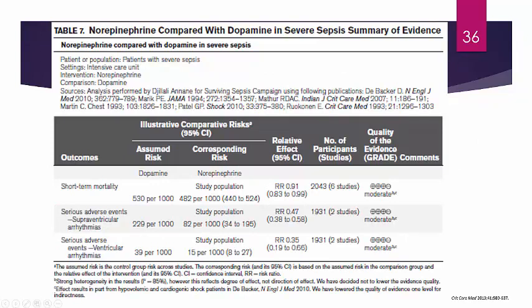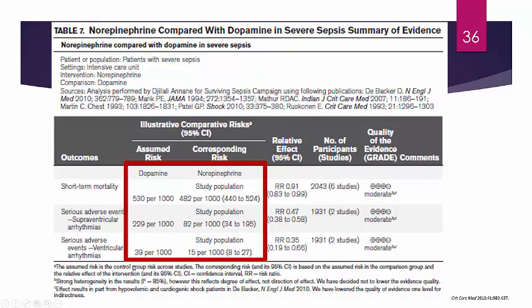The reason why dopamine is recommended last line is because whenever they compare norepinephrine to dopamine in sepsis, particularly severe sepsis, which we won't really talk about the definition of, and looked at the study populations, we actually saw worse outcomes associated with dopamine, such as short-term mortality, serious adverse events such as supraventricular tachycardia, and severe adverse events such as ventricular tachycardias.